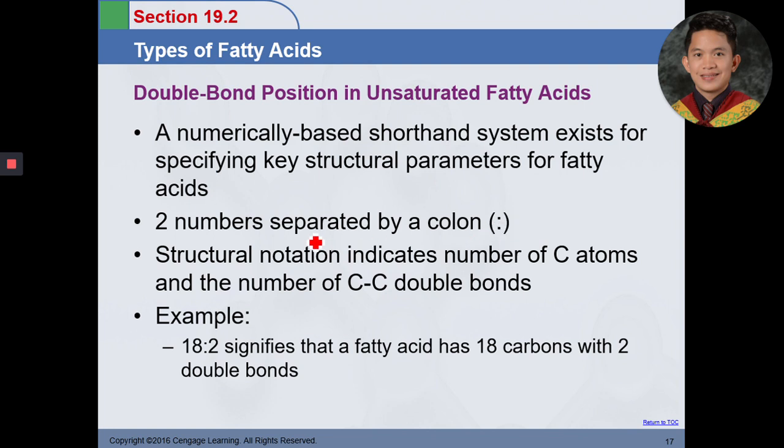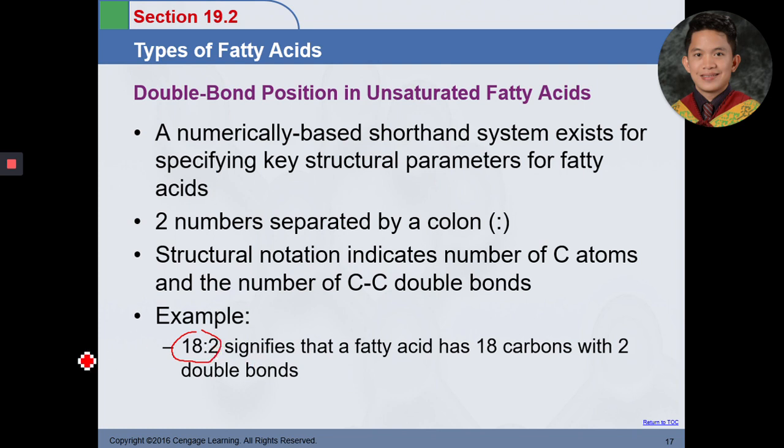The notation indicates the number of carbon atoms and the number of carbon to carbon double bonds. For example, the notation 18 colon 2 tells us that in that fatty acid there are 18 carbons and 2 double bonds.